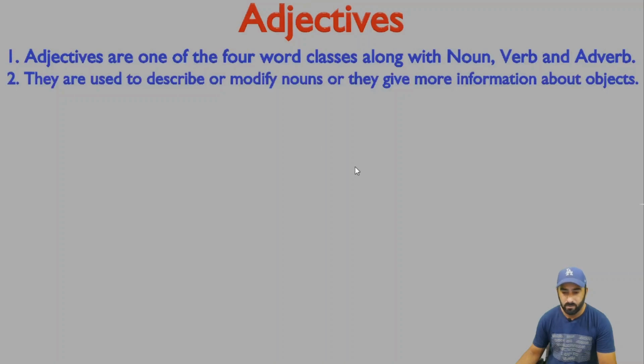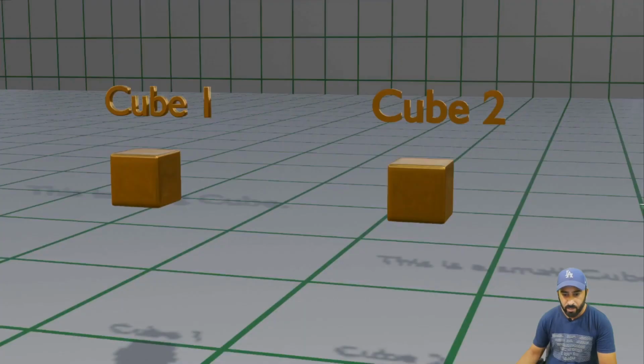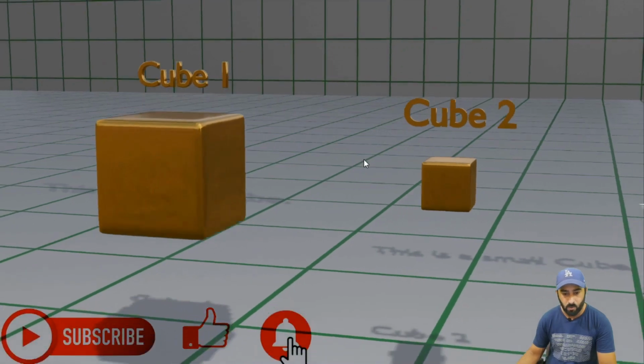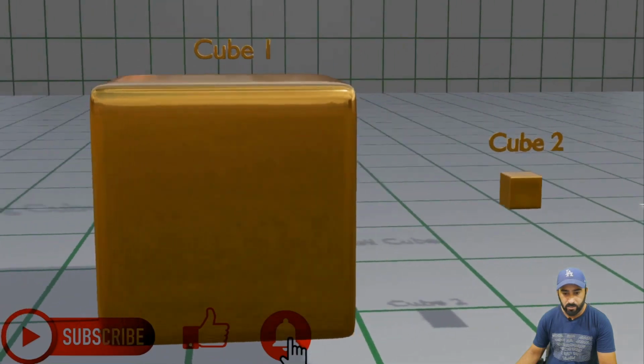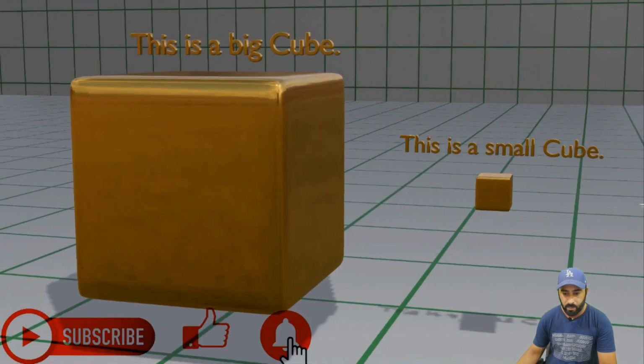Let's learn it. Okay, as you can see on your display, we have two cubes. One cube is getting bigger. There's a nice glossy cube. Then, as you can see, one cube is quite big and another cube is quite small.